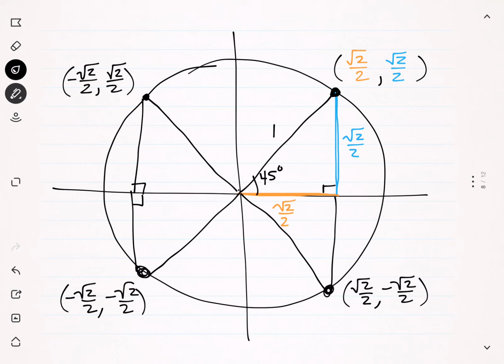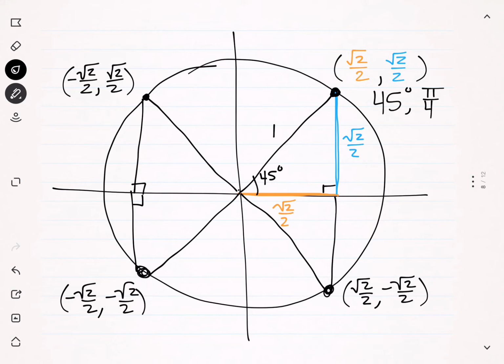Okay, now we're going to go through and fill in the angles with their radian measures. So we just converted at the beginning 45 degrees into radians, which was pi over 4 radians. So if you have that memorized, then you can go in and fill in all the radian measures for each one of the 45-degree reference angles.